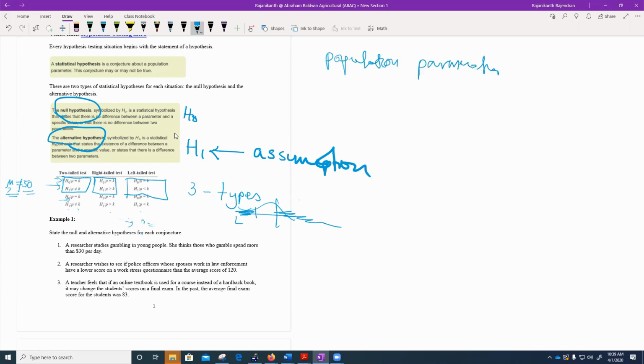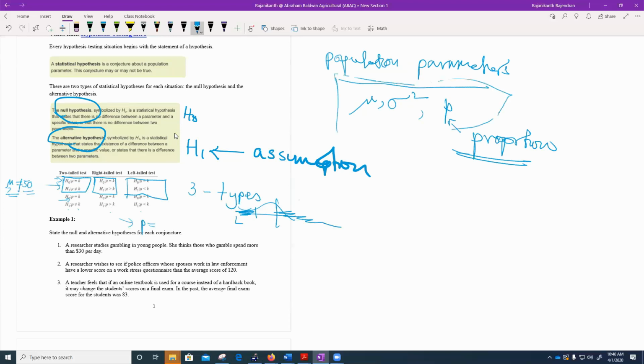Mu, the population mean. Then we have sigma squared, the population variance. Then one more, little p. This is the population proportion, right? Yes, success, you are correct, but we use the statistical term, proportion.